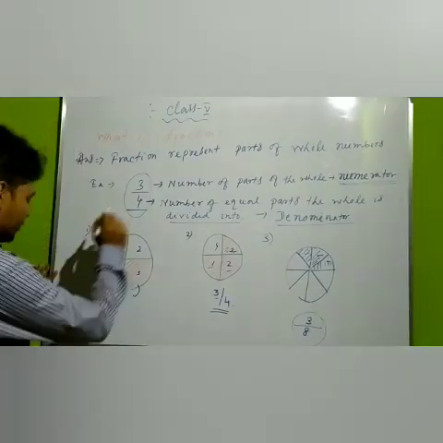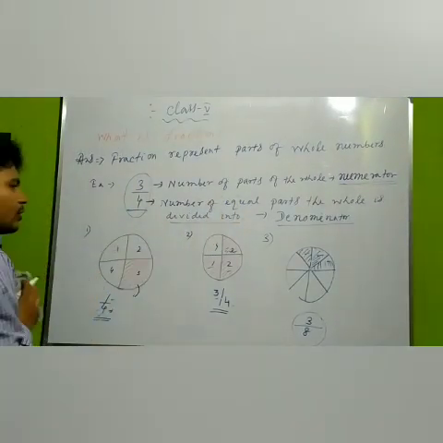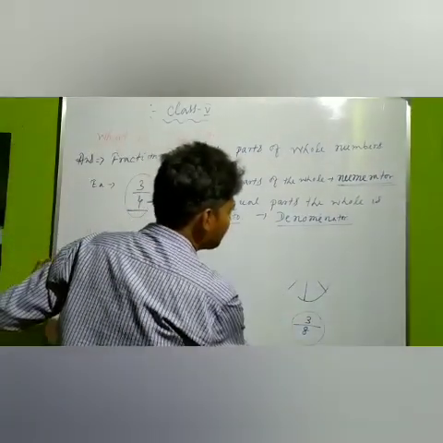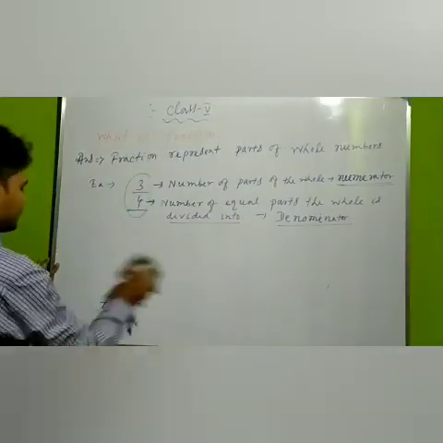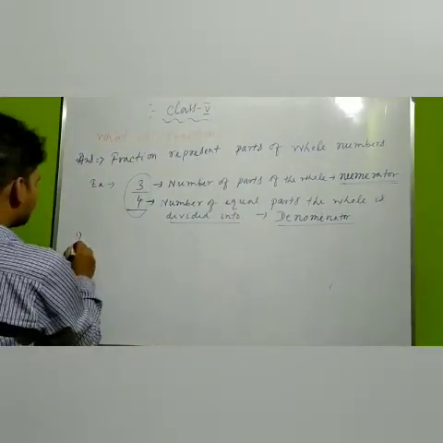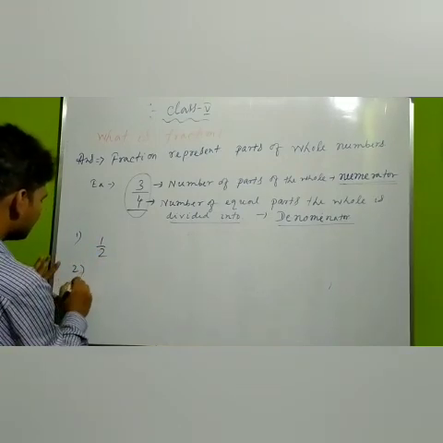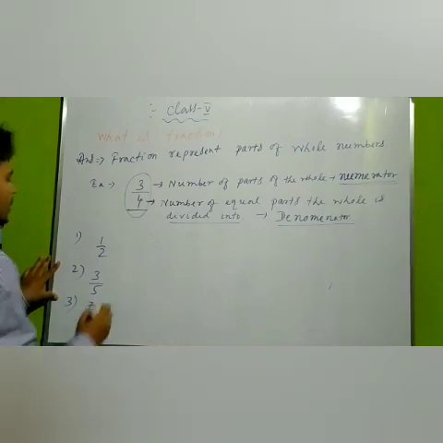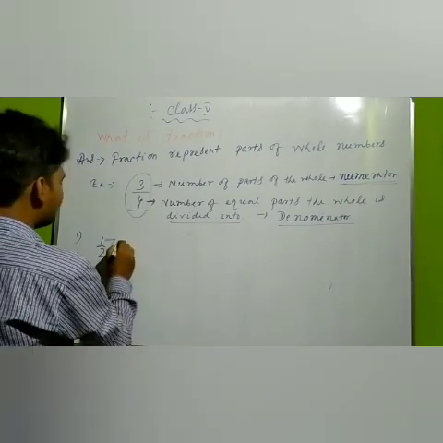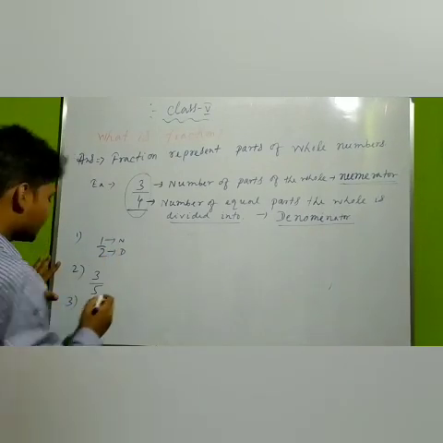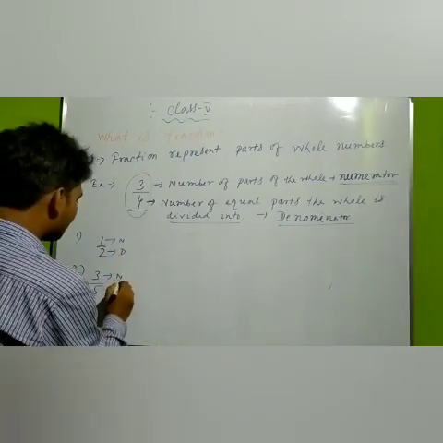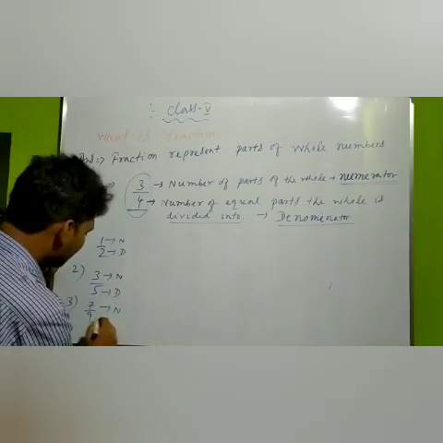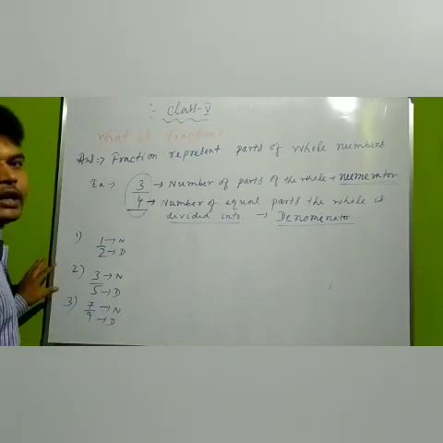Suppose I ask you to write down the fractions: first is 1 by 2, second is 3 by 5 and third is 7 by 9. Then here 1 is the numerator, 2 is the denominator, 3 is the numerator, 5 is the denominator, 7 is the numerator, 9 is the denominator.